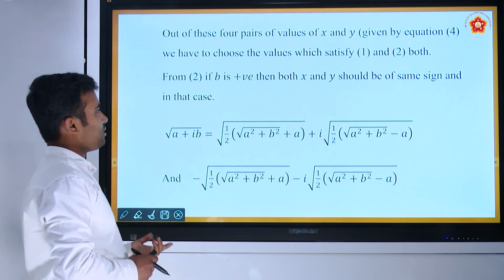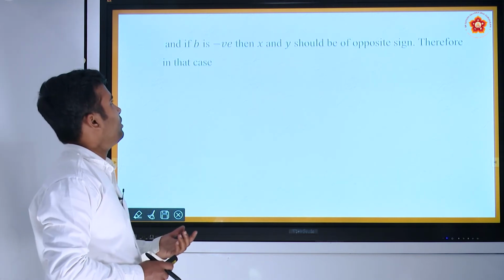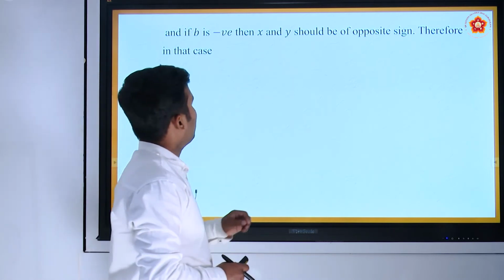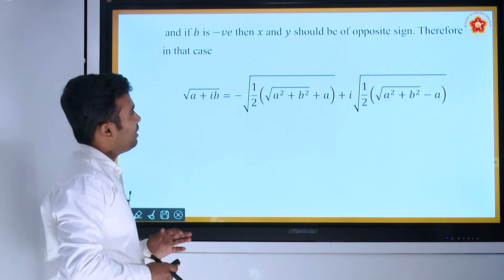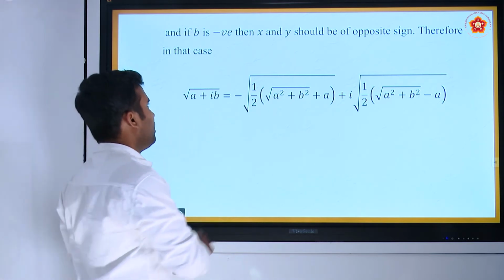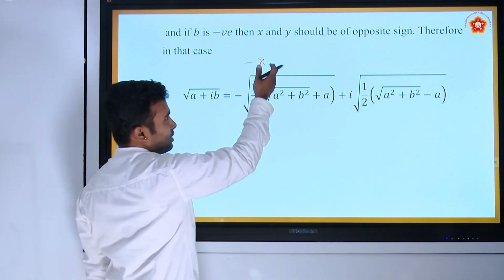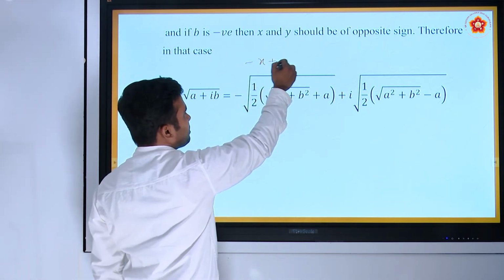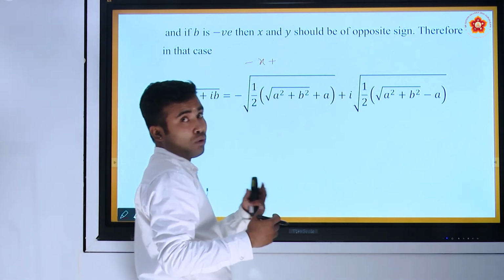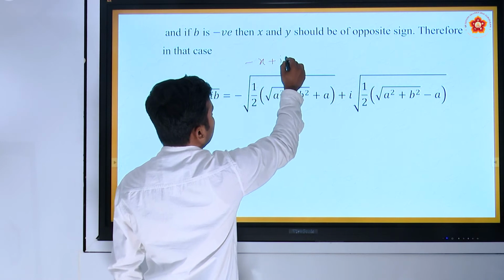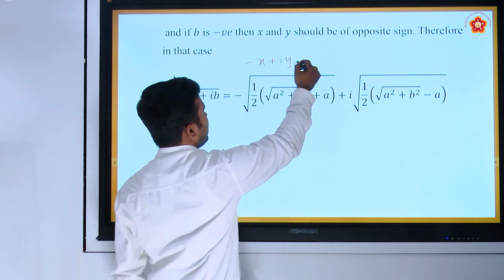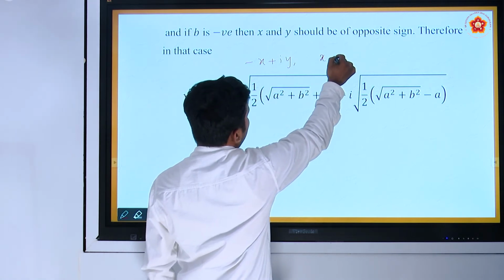Next, another case is if b is negative. If b is negative, you will get alternate signs for x and y. That is, if you get minus x, then it will be plus y. The sign of y will be positive. In the other way also, it will be either plus x, minus y.